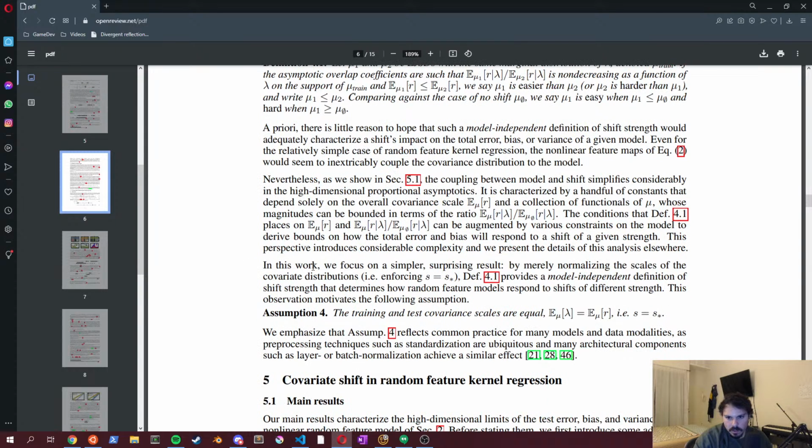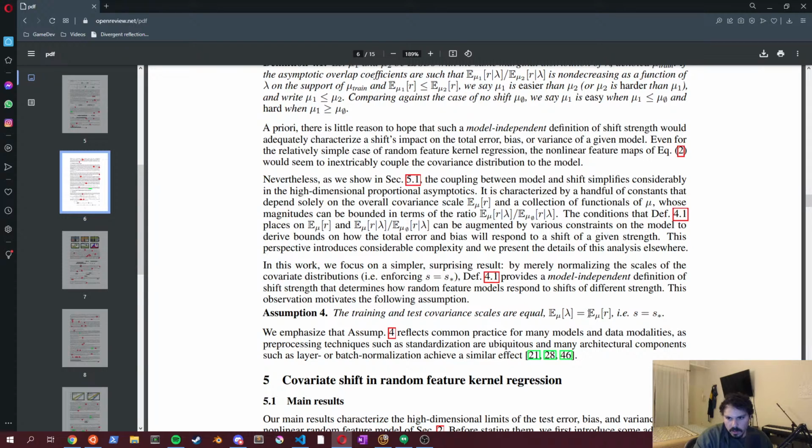In this work, we focus on a simpler surprising result by merely normalizing the scales of the covariate distributions, i.e. enforcing that S equals S star. Definition 4.1 provides a model-independent definition of the shift strength that determines how random feature models respond to shifts of different strengths. This observation motivates the following assumption. The training and test covariance scales are equal.